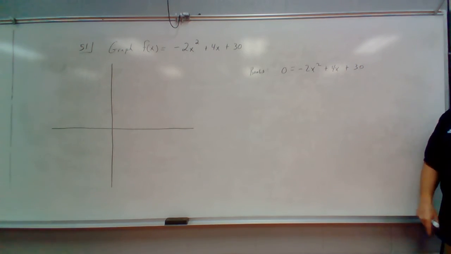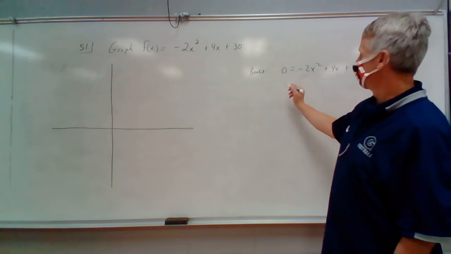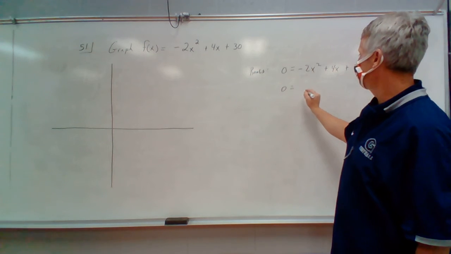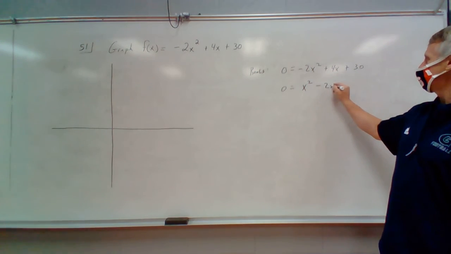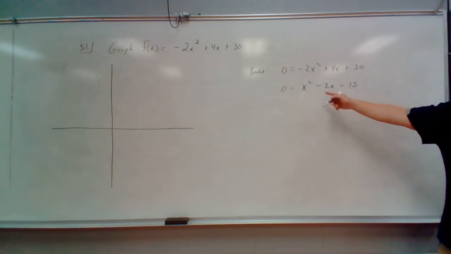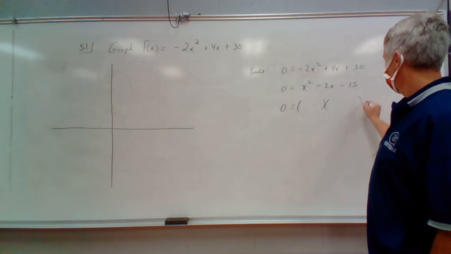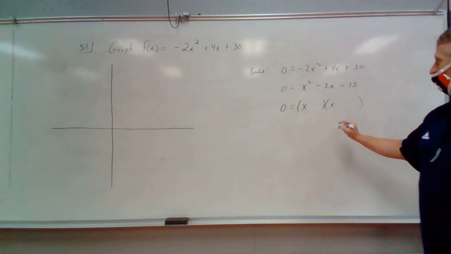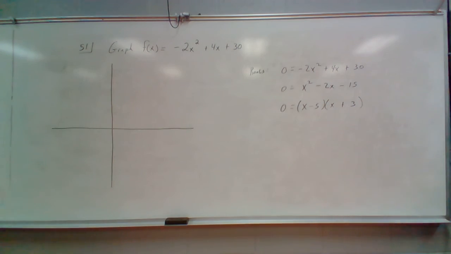Let's divide both sides by negative 2, since 2 will go into every term. 0 divided by negative 2 is just 0. I have x squared minus 2x minus 15. Then I can easily factor this into minus 5 and plus 3.